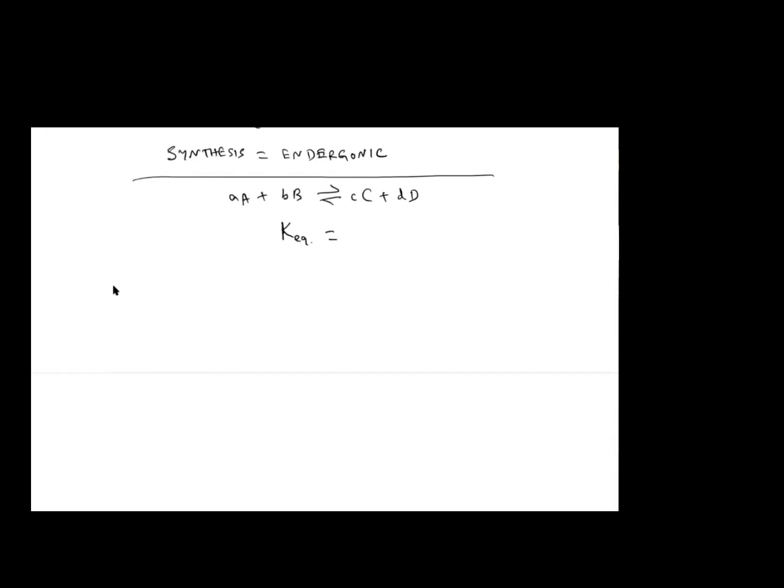So how do we write the equilibrium constant here? Products over reactants. These are concentrations in brackets, raised to the c, multiplied by D. The number of moles goes on as the exponent.